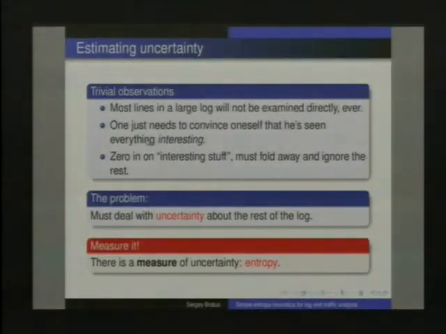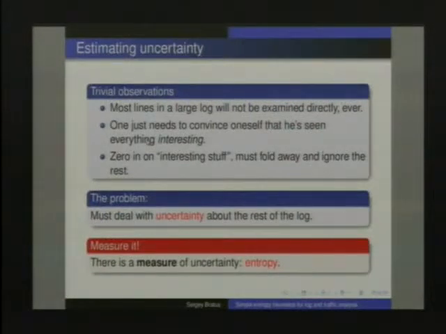That you're not missing much, that your wonderful filter that grew to the maximum that the filter line can take is not actually filtering out something that you're interested in. So you have to deal with uncertainty about the rest of the log. And again, I'm saying this word uncertainty because this is what entropy stands for. Entropy is a measure of uncertainty.